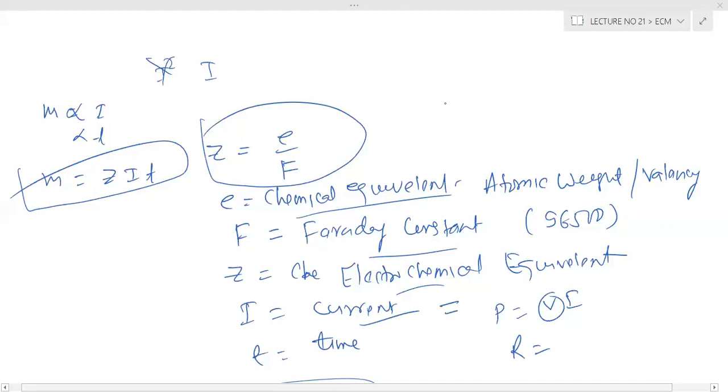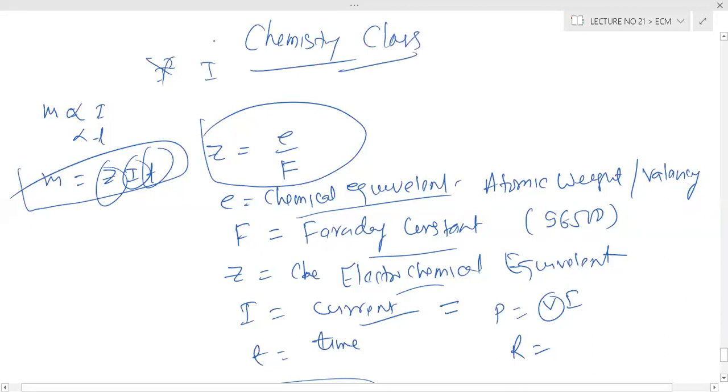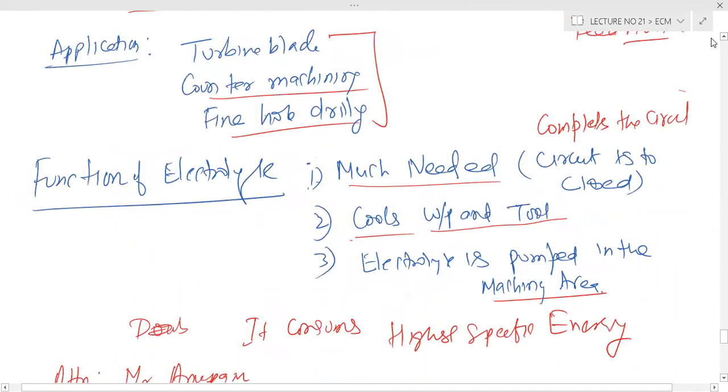This M is proportional to current. This is constant, this is time. It is not a chemistry class here. You have to understand the principle. So remember this Faraday law, that's it.